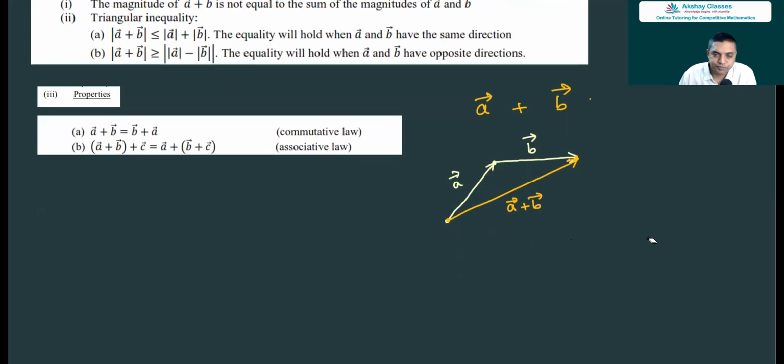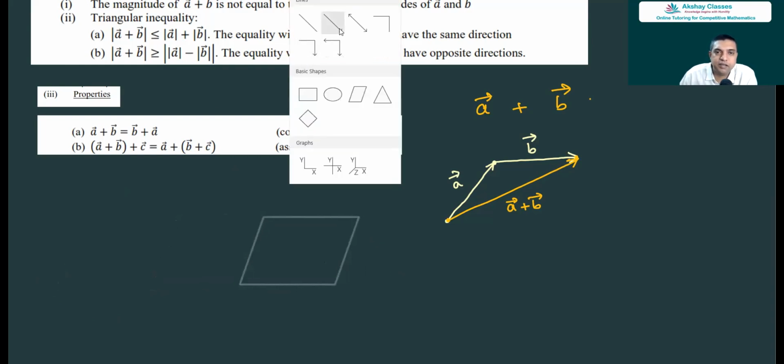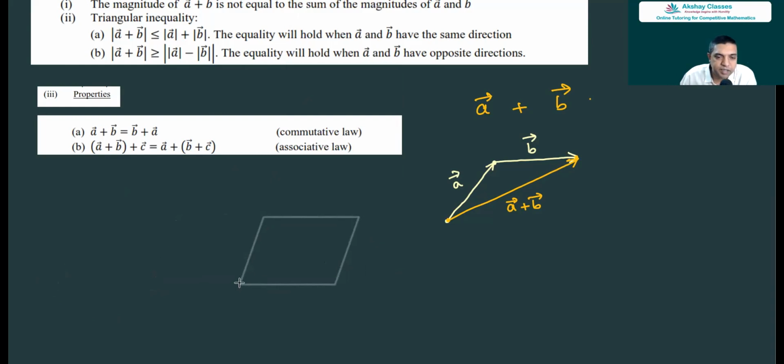Now, the same holds true if we draw a parallelogram with vector A and vector B. We place vector A and vector B along the two adjacent sides of a parallelogram.